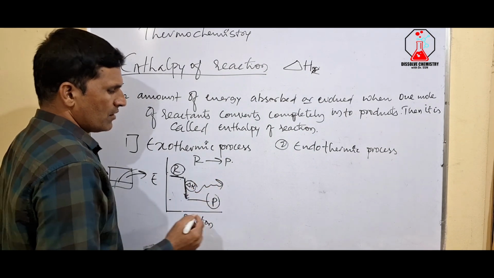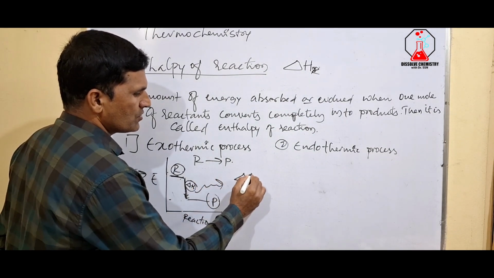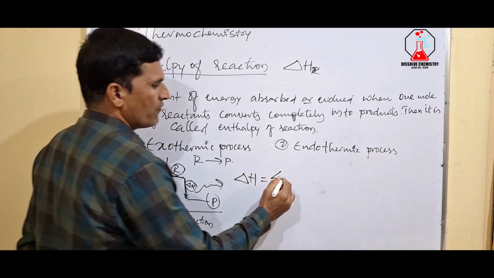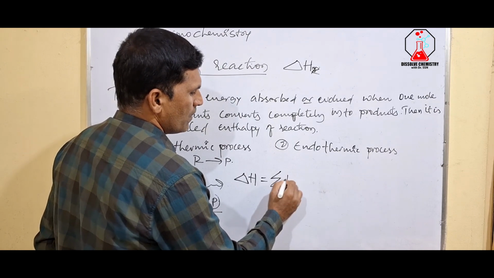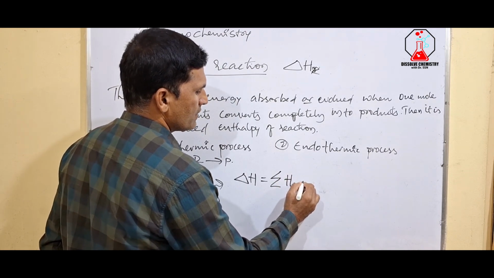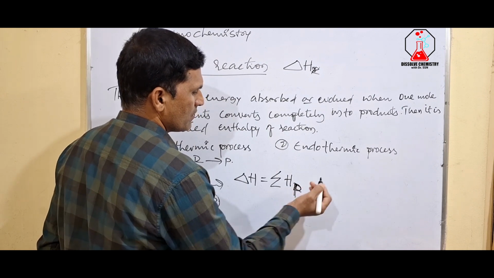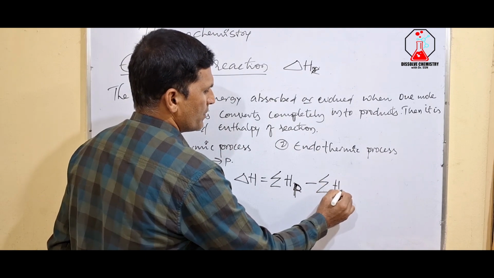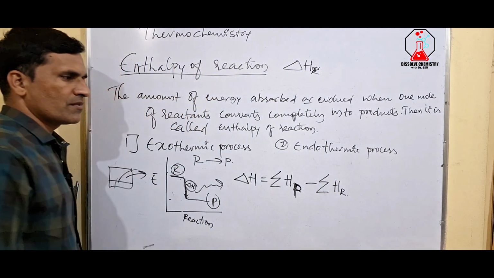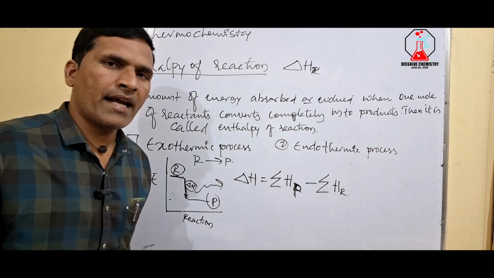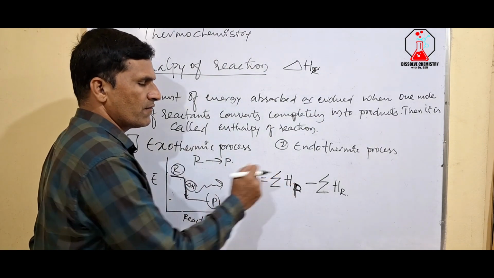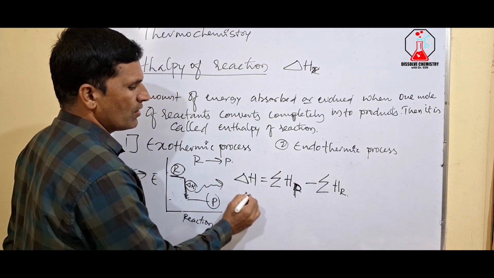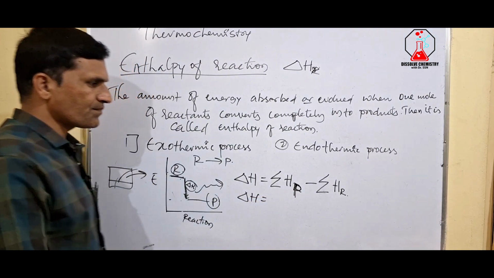So therefore, delta H is equal to, how do we write? It is the summation of enthalpies of all the products minus the summation of enthalpies of the reactants. Sum of the energies of all the products minus the sum of the energies of all the reactants, we call it change in enthalpy.